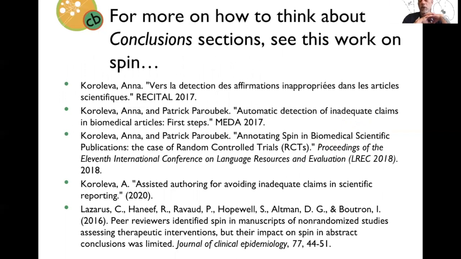I'm giving you pointers to a number of papers here, most of them by Anna Koroleva and Patrick Paroubek, on the question of spin and how to detect it with NLP. And then the last paper on there is a question about reviewers and how good they do or don't do at recognizing spin in papers.